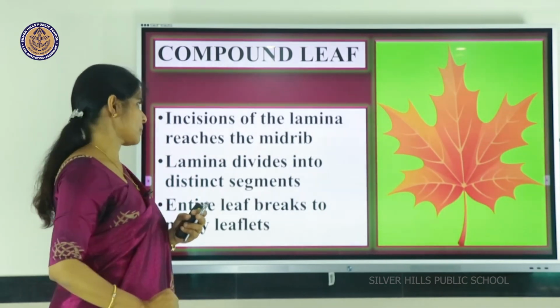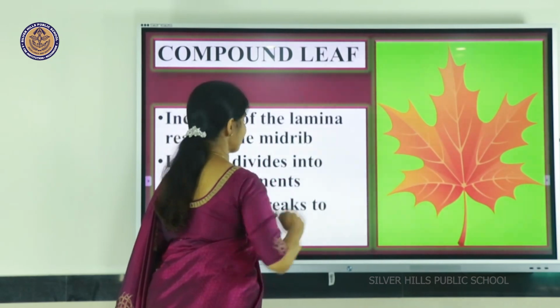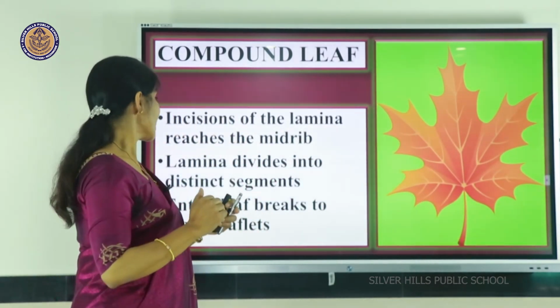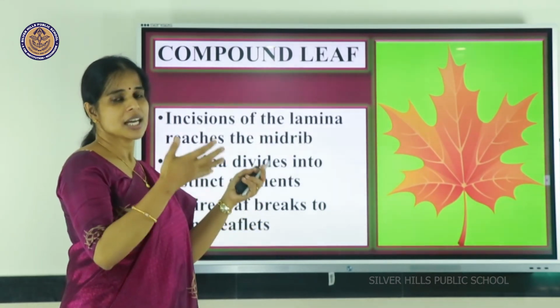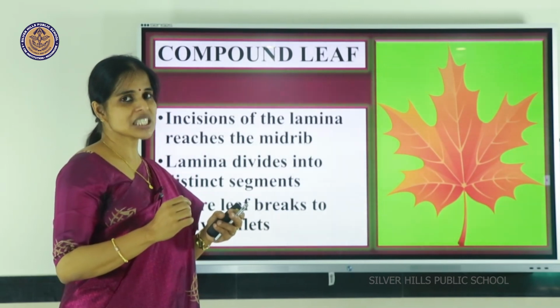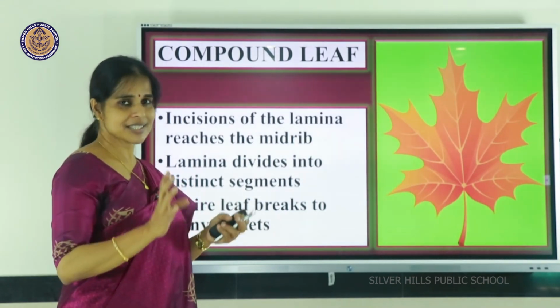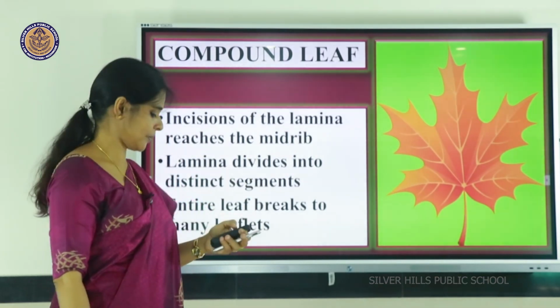These incisions divide the lamina into different segments, and the entire leaf breaks into many leaflets. This way, the entire leaf concept is totally absent in certain leaves. Such leaves we call compound leaves.